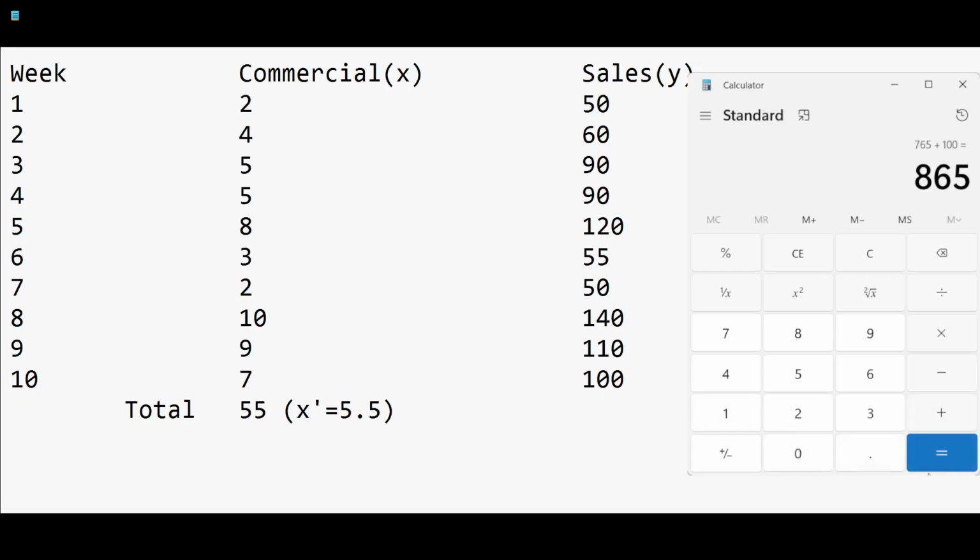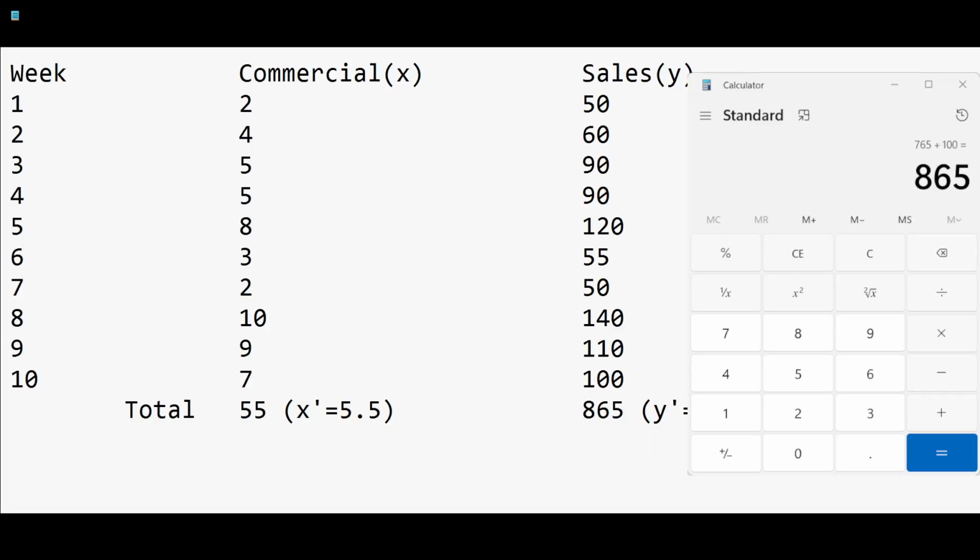The total is 865. So 865 is our total, and our y prime, or the mean, is equal to 86.5.